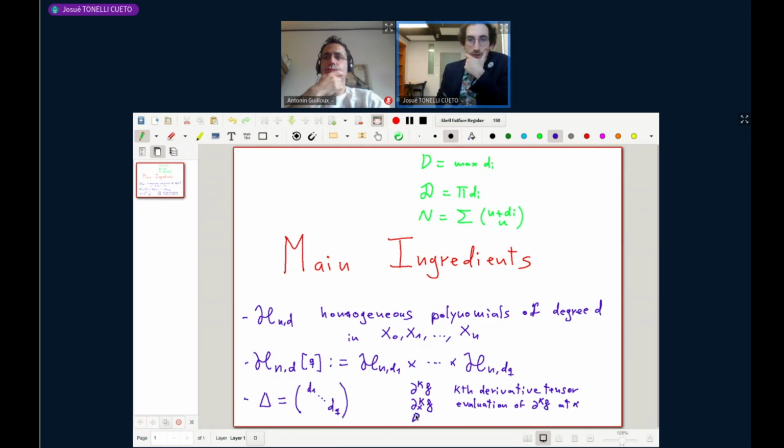And finally I will use T_x f to mean the derivative of f at x, precomposed with the inclusion, so you should think of this as the derivative of f at x restricted to the tangent space of the sphere at the point x.